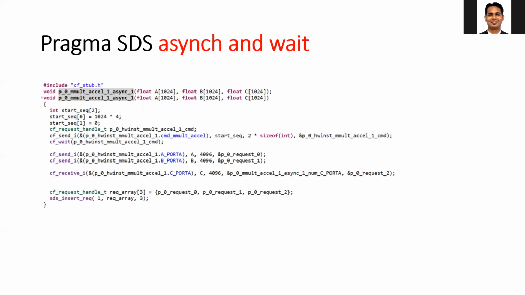If you use these pragmas and check your code, you will see that in your stub function there are only the CF send commands for the data transfer. The AXI lite transfer is just a configuration send, so you have the wait statement there. But for the data transfer and the data receive, you can see there is no corresponding wait statement, because you have used the async pragma.